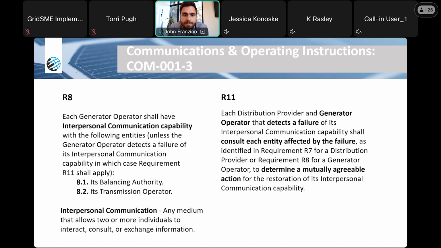The balancing authority and transmission operator are the ones defining what that really means.